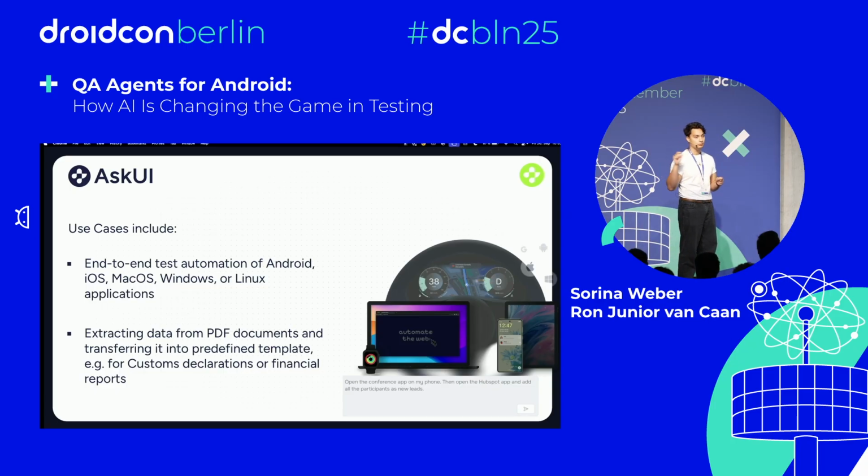Someone was pressing all the buttons, clicking through to check that everything was working. But with AskUI, instead of someone sitting there, you can mimic a human using our tool, because we check what the interface looks like and navigate all the buttons and do all the testing on the system.